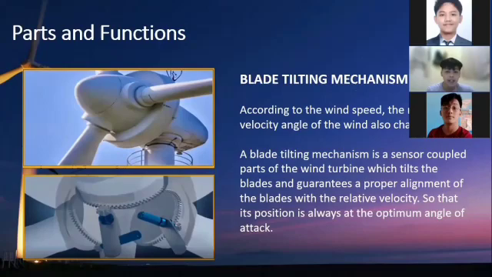blade tilting mechanism. According to the wind speed, the relative velocity angle of the wind also changes. A blade tilting mechanism is a part of the wind turbine which tilts the blade and guarantees a proper alignment of the blades with the relative velocity, so that its position is always at the optimum angle of attack.